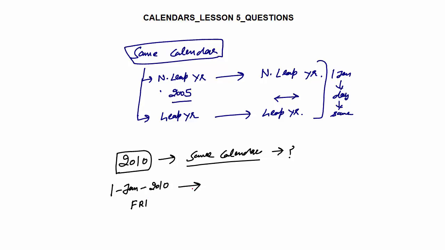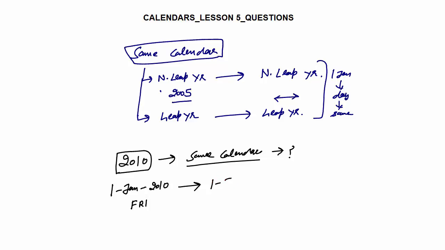Let's see how. Now I will move forward. How many odd days do I need? I need 0 odd days. 0 odd days means same day. So how can 0 odd days come? Can I say that the total number of odd days must be divisible by 7, the remainder should be 0. So I simply move 5-6 years ahead.